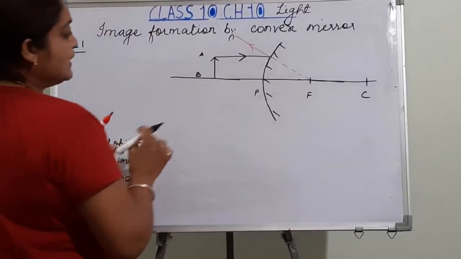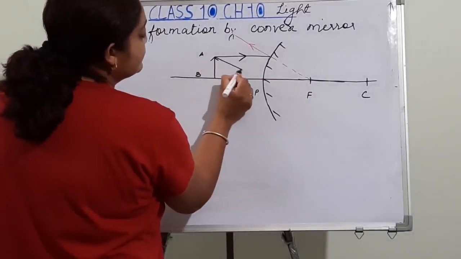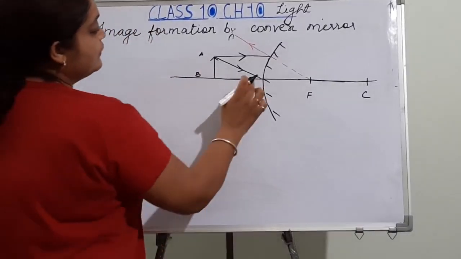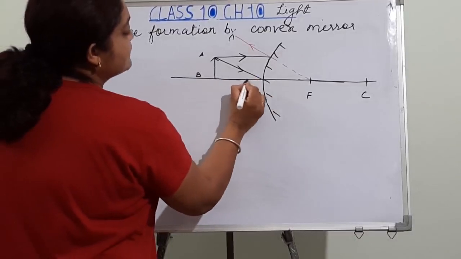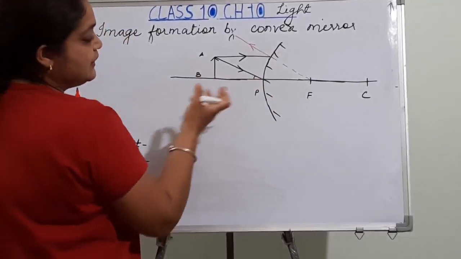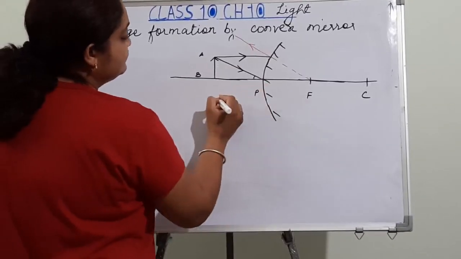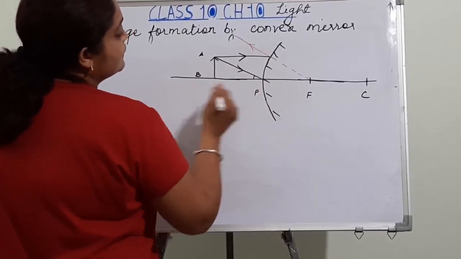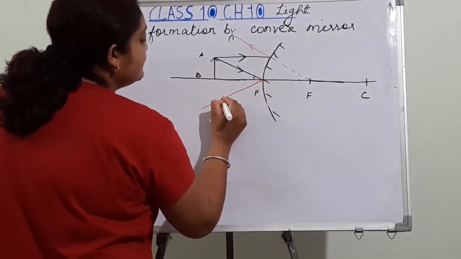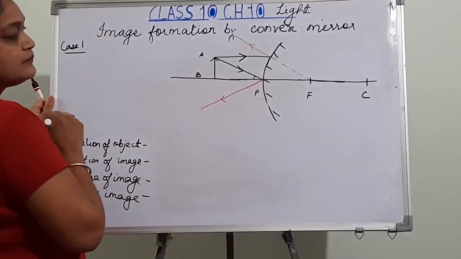Second ray I am taking at the pole. Here this principal axis will act as the normal. So angle of incidence will be equal to angle of reflection. This will be the reflected ray.